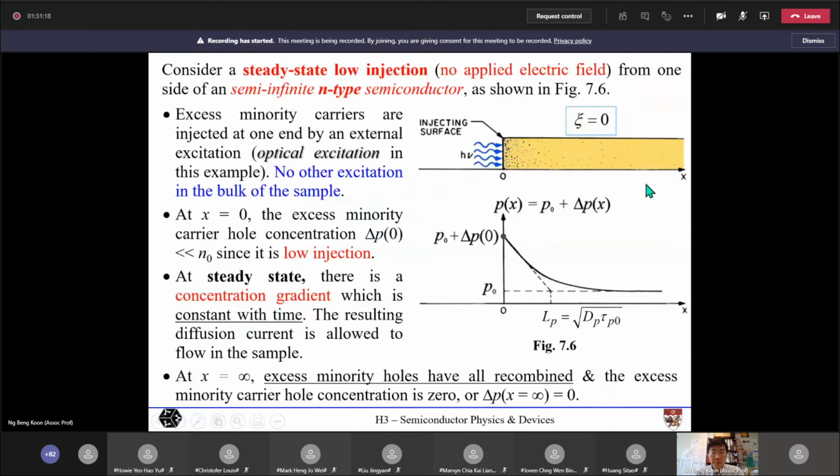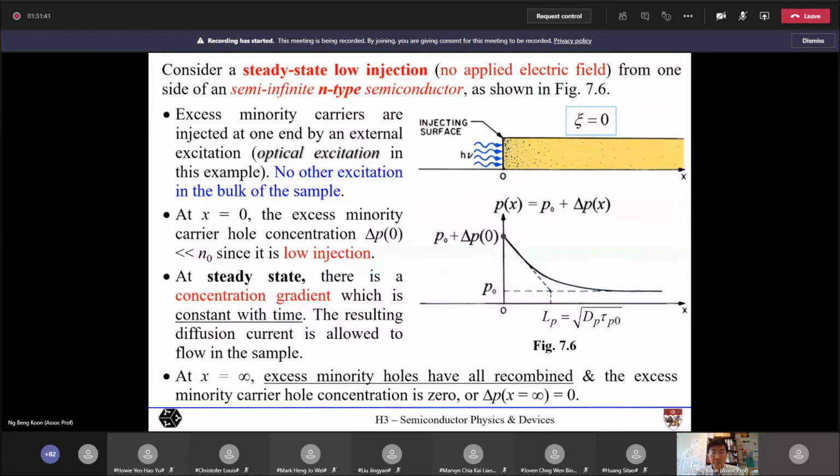At the same time, we'll also be assuming that the two conditions that we used previously are also true here. That is, the majority carrier concentration is much greater than the minority carrier concentration, and your excess carrier concentration is much smaller than the majority carrier concentration. That means a low injection condition.